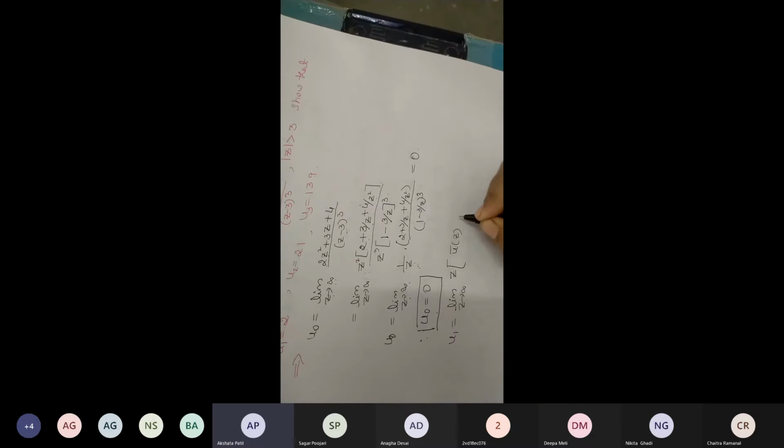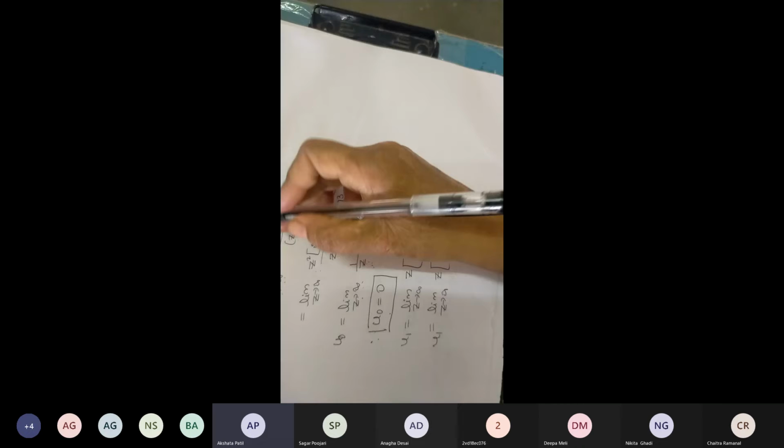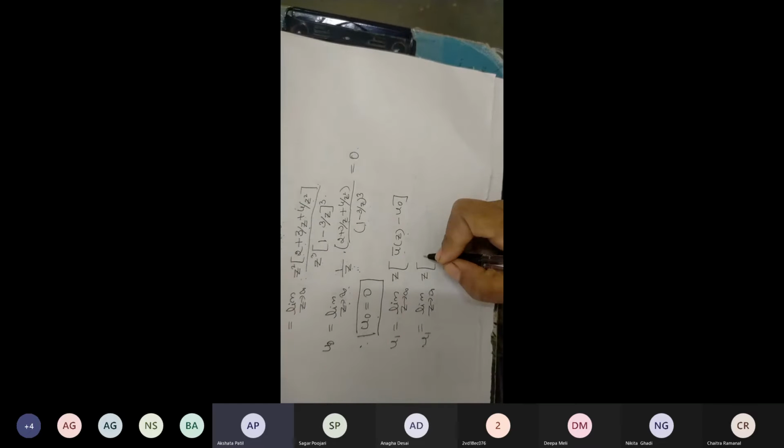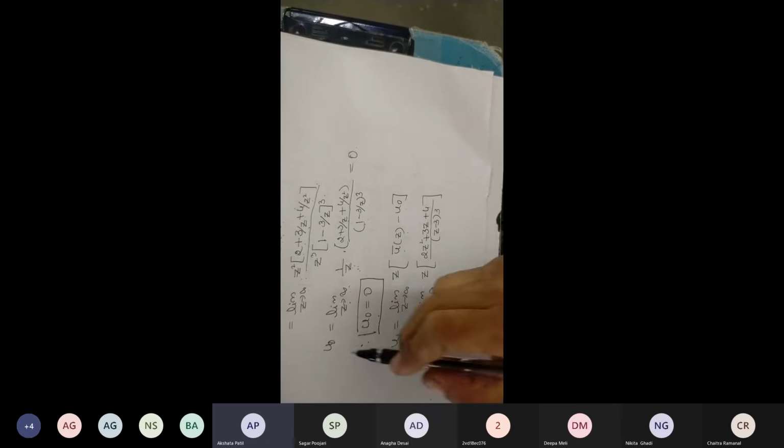Here limit z tends to infinity, z into u bar of z, the given function, is 2z square plus 3z plus 4 divided by z minus 3 the whole cube, minus u0.